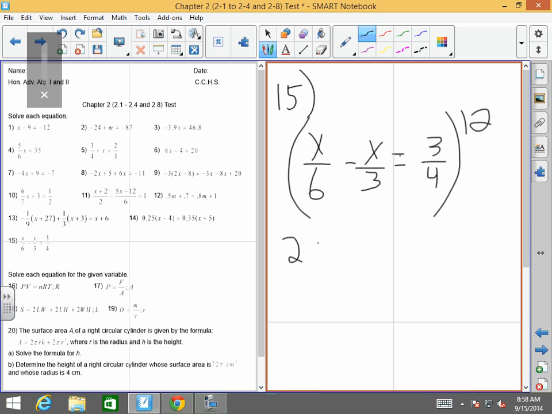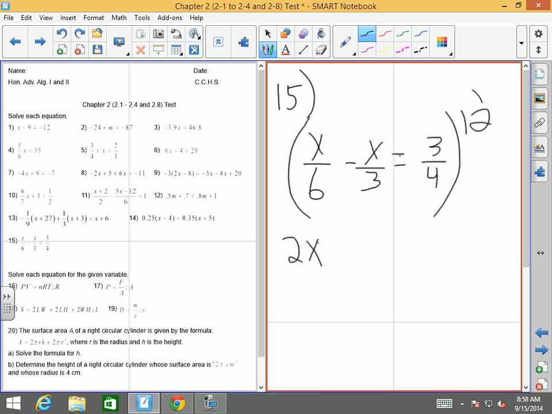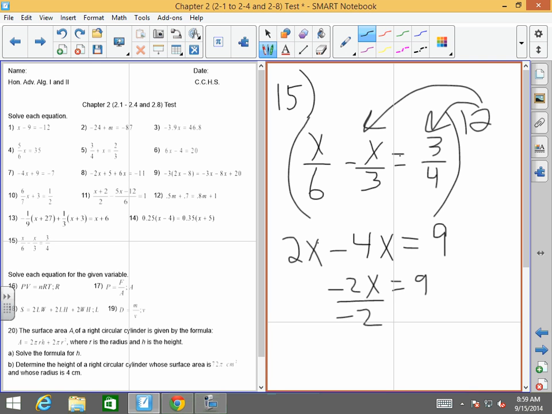So 12 times x is 12x divided by 6, and that gives me 2x. Then I have 12 times negative x is negative 12x divided by 3. That's negative 4x. And then I have 12 times 3, which is 36 divided by 4, which is 9. So 2x minus 4x is negative 2x, which equals 9, divided by negative 2. X equals negative 4 1/2. Does that make sense?